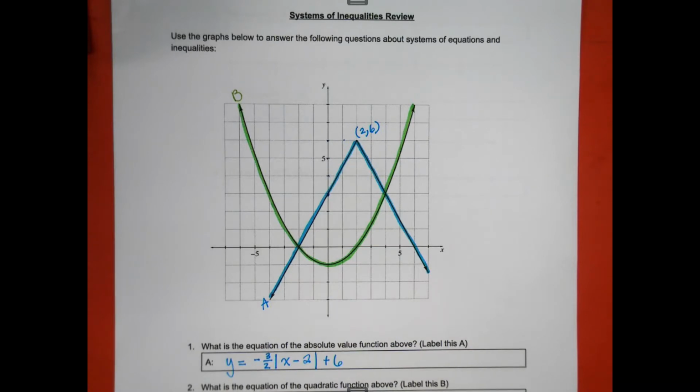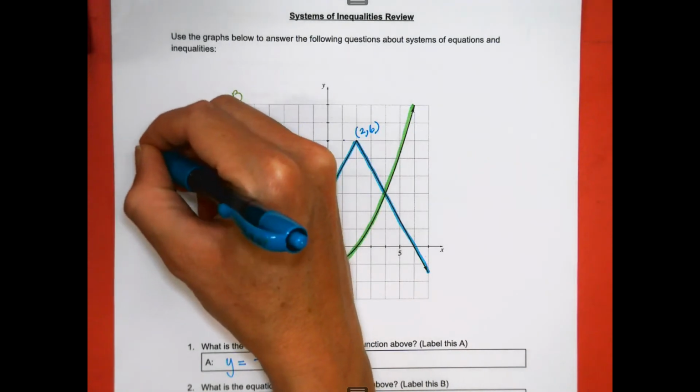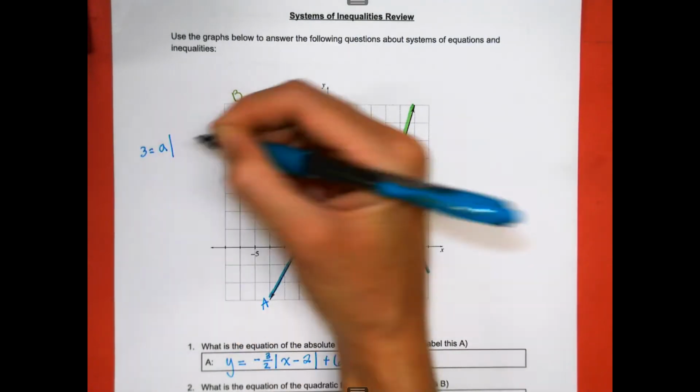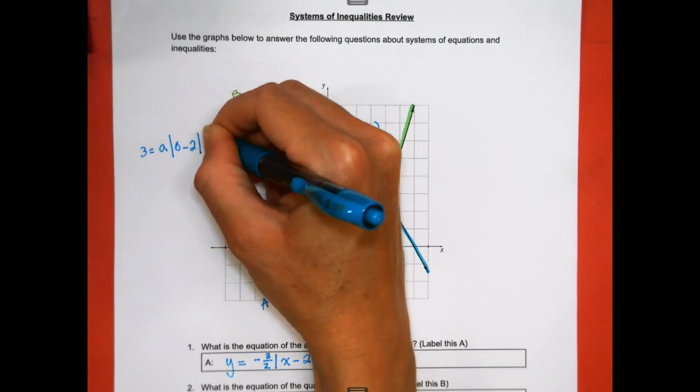Another way that we could find it is we could actually substitute any point that is on our line and solve for the a value. For example, if I use this point 0, 3, I could say that 3 is equal to a times the absolute value of 0 minus 2 plus 6.